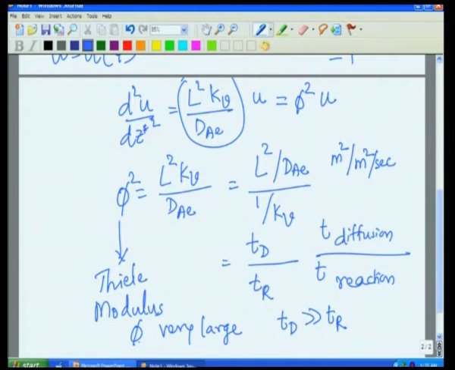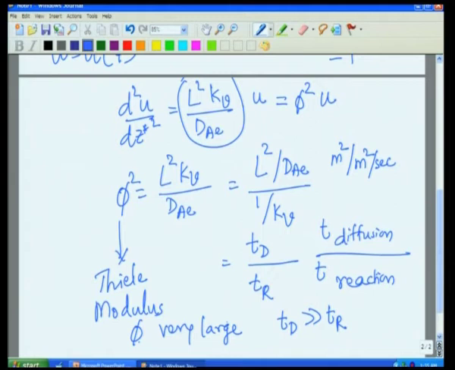That means the time scale on which diffusion is occurring is much larger than the time scale on which reaction is occurring. Another way of putting that would be that diffusion is a slow phenomenon compared to reaction. So, a very large phi value would imply that diffusion is controlling. Remember our idea that whichever is slow controls.